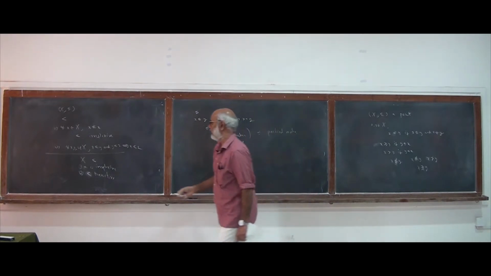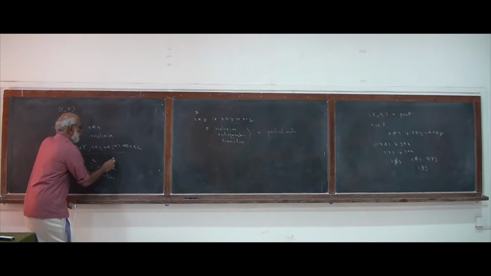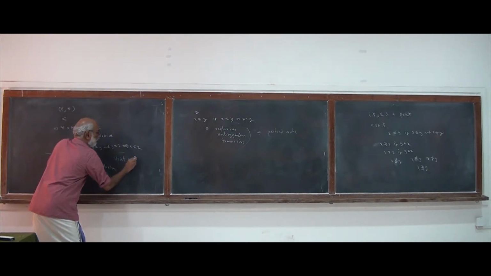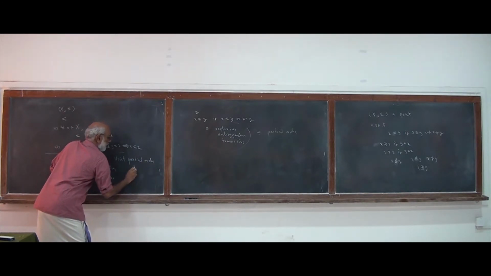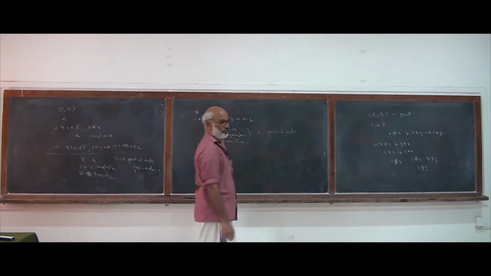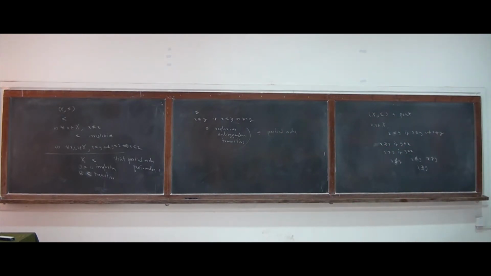A relation less than which is irreflexive and transitive also has a name. Some people call it strict partial order, or some people call it quasi order. This quasi order may have some other meaning in some other textbooks.